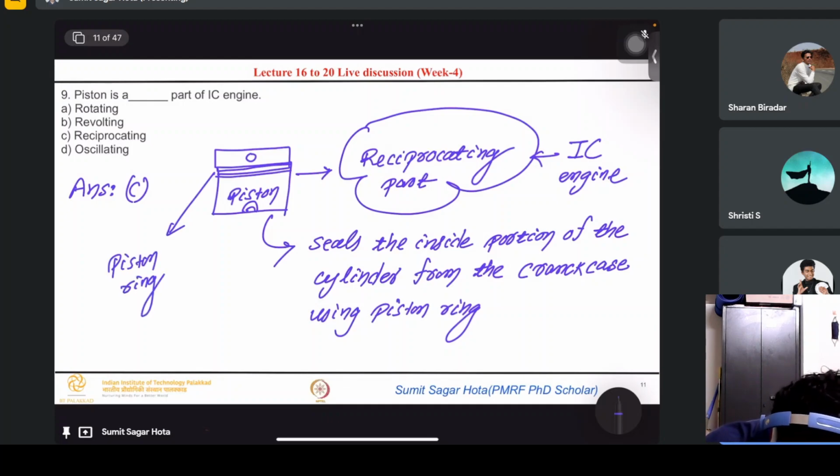What it will do is seal the inside portion of the cylinder from the crankcase using the piston rings. These are the piston rings. This is the work of a piston.